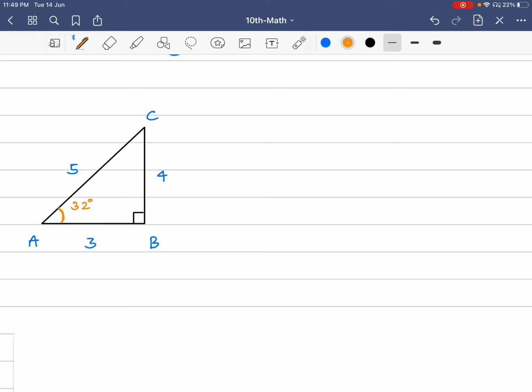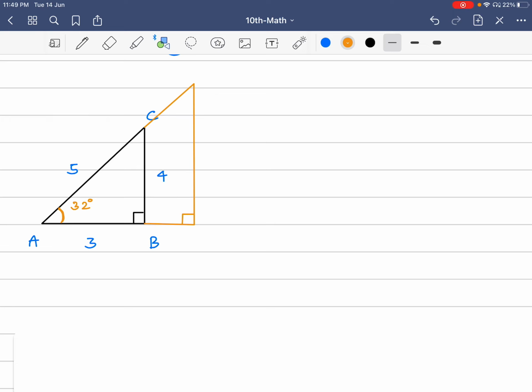It's going to be something like this. Let's extend it, and then from here I'll come down till here, and extend this as well.